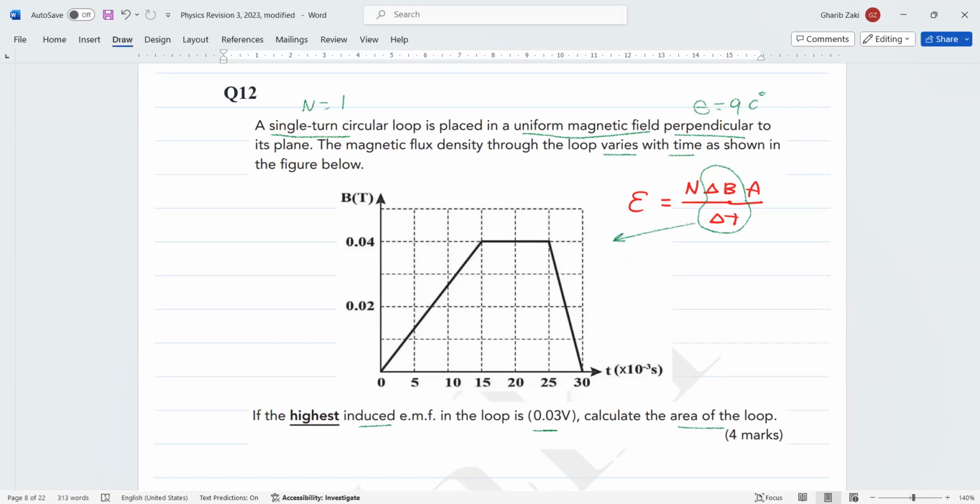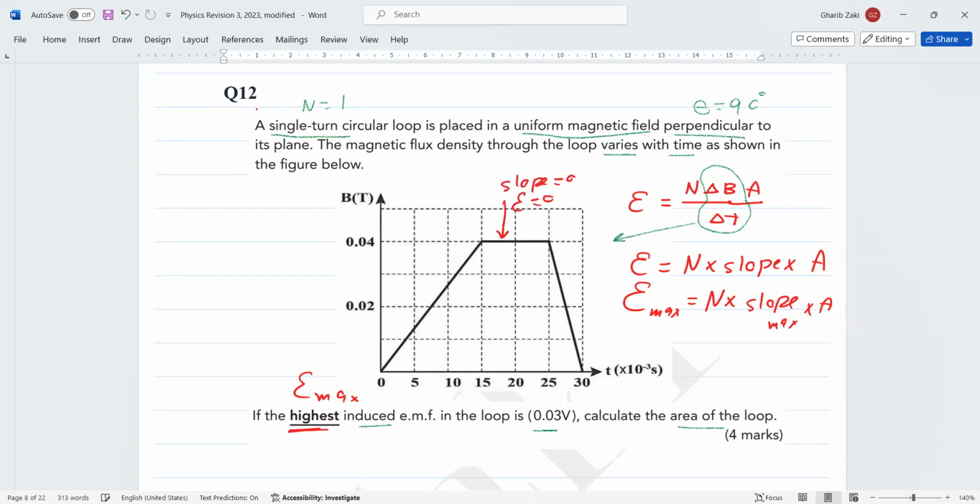So we can write EMF equals N multiplied by the slope, multiplied by the area. But we need the maximum. Because it said highest, E maximum equals N multiplied by the maximum slope, multiplied by A. Now, here the slope in this part is 0.